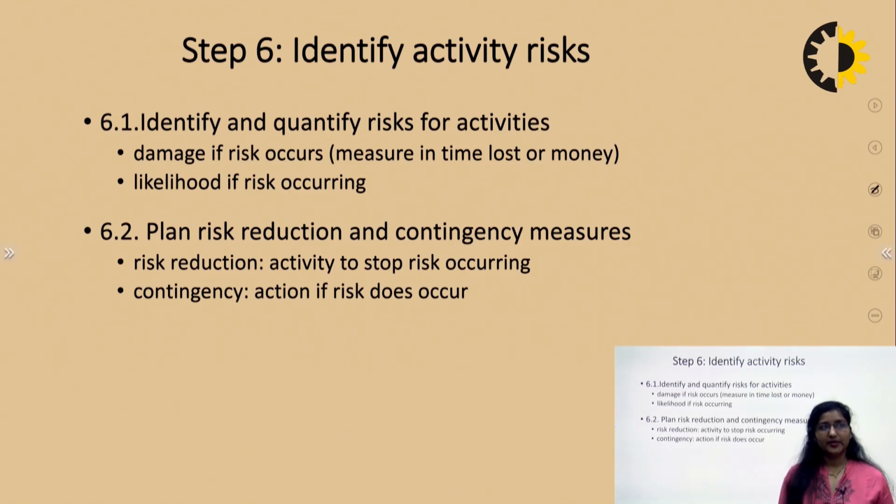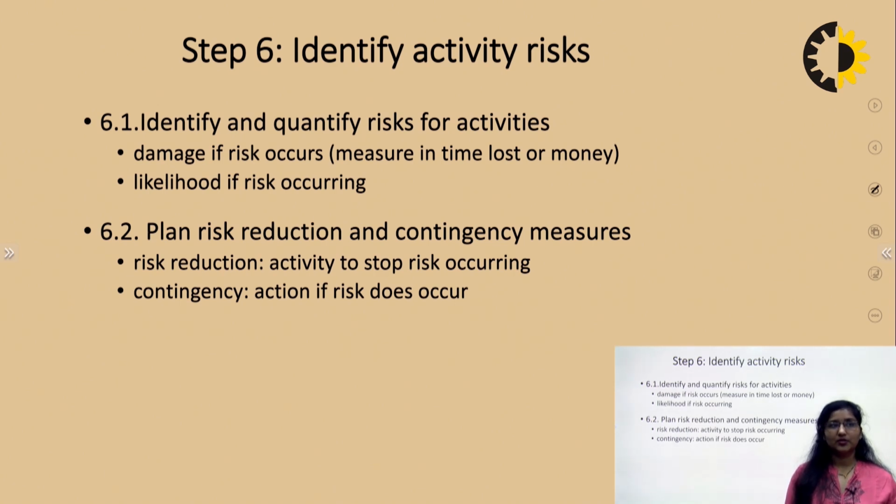Step 6: identify activity risk. Identify and quantify risk for each activity. Damage, if the risk recurs, is measured in terms of time and money. Likelihood is the chance of the risk occurring. Then we plan the risk reduction and contingency measures.